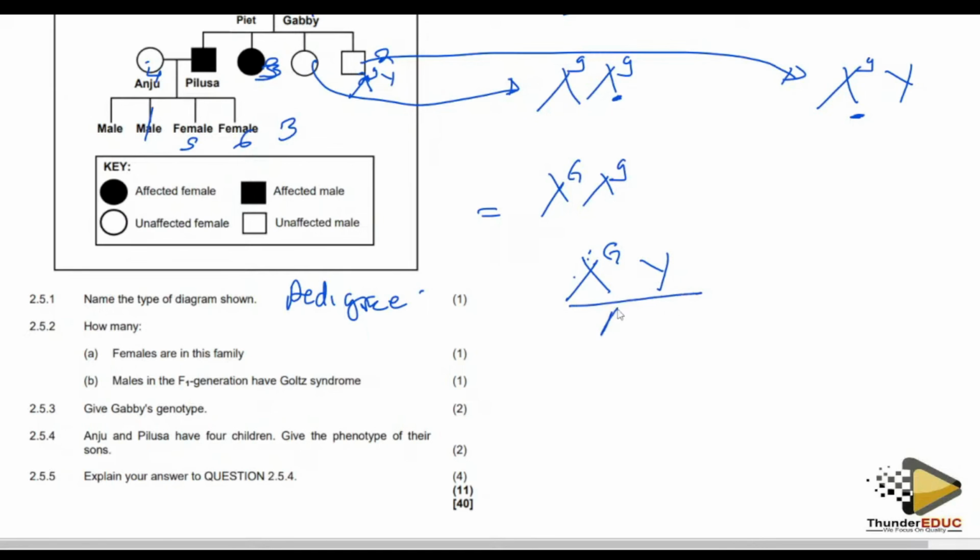This is Pilusa. And Anju is a female, meaning that she has no effect. And remember, it is recessive.